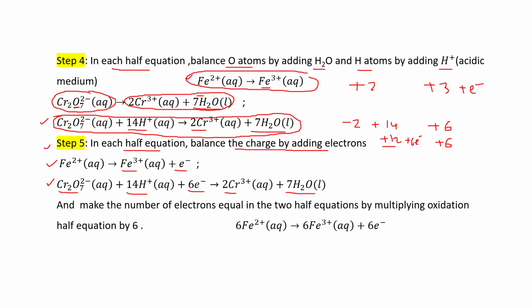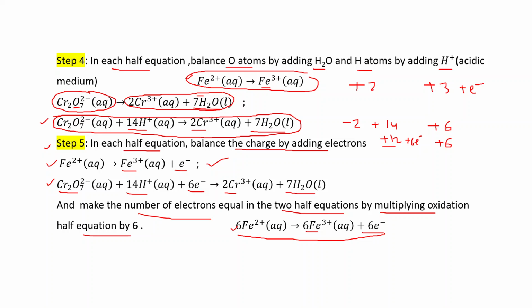In the oxidation half reaction, 1 electron is lost, and in the reduction half equation 6 electrons are gained. To make them equal, the oxidation half reaction is multiplied by 6. Make the number of electrons equal in the two half equations by multiplying the oxidation half equation by 6. So 6Fe2+ converting into 6Fe3+ plus 6 electrons.